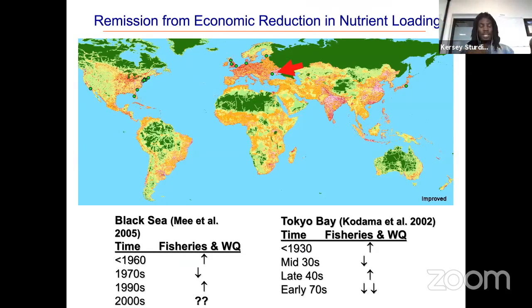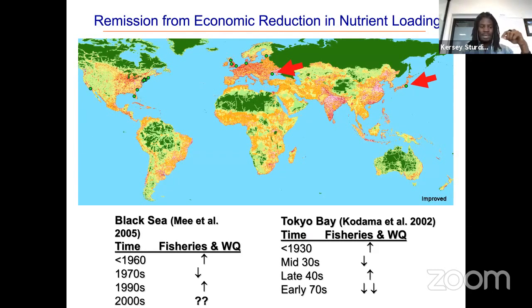And the dead zone that was in the Black Sea recovered. And for quite a bit of time, 20, 30 years, there was no dead zone in the Black Sea. But more recently, as the economies of these countries has recovered, the dead zone or instances and indications of a dead zone have started to reappear again. So we can see that this was an economic collapse due to political instability that reduced nutrients and caused the dead zone to be alleviated.